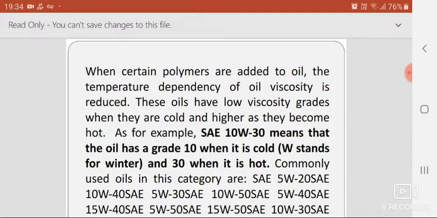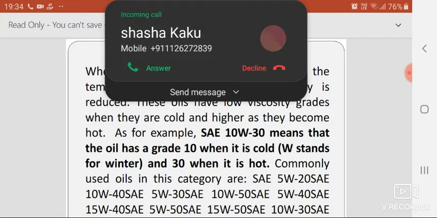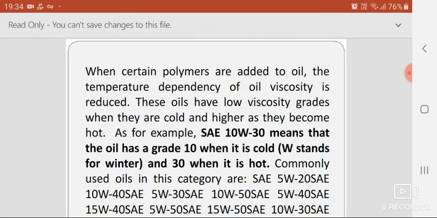Try to understand. SAE 10W30 means 10 is the winter condition viscosity, the low viscosity. SAE 10 means low viscosity, but that is during winter. 10W means 10 in winter. But SAE 30 means it is high viscosity, used in case of summer.